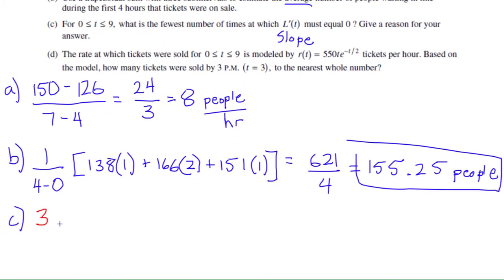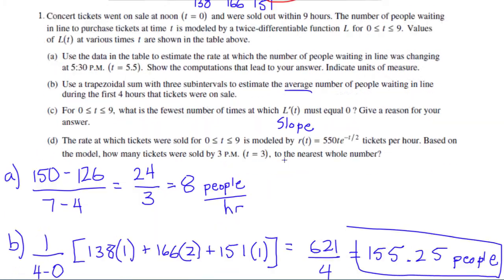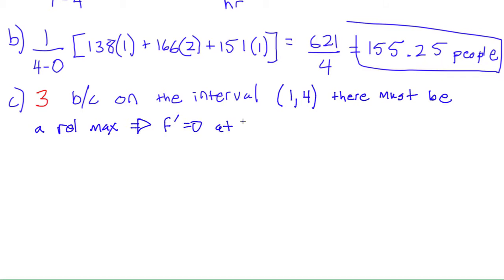So 3, and then you can say because on the interval 1 to 4, there must be a relative max, which implies that f prime is equal to 0 at least once.